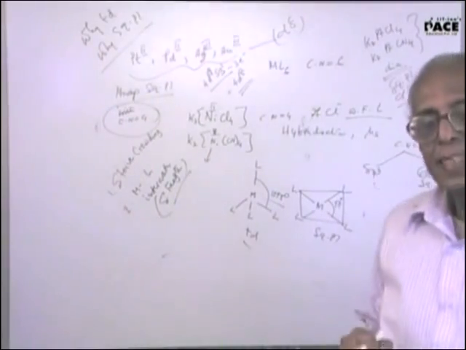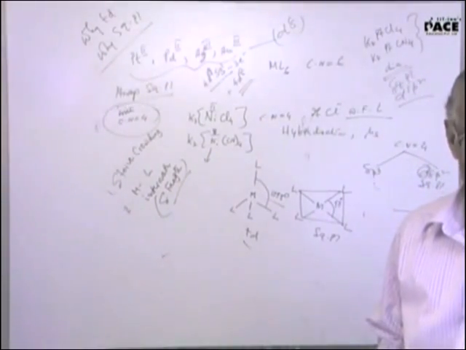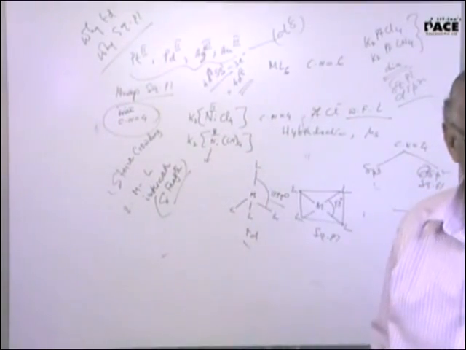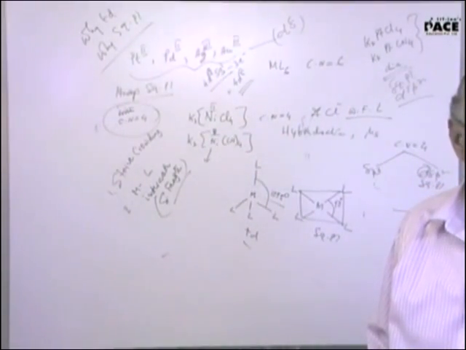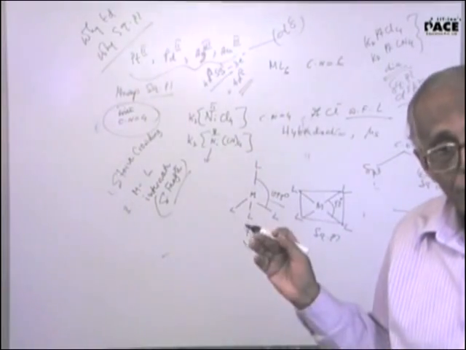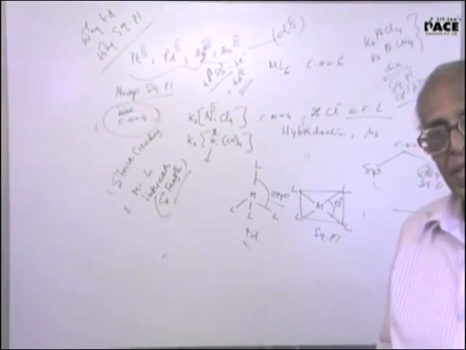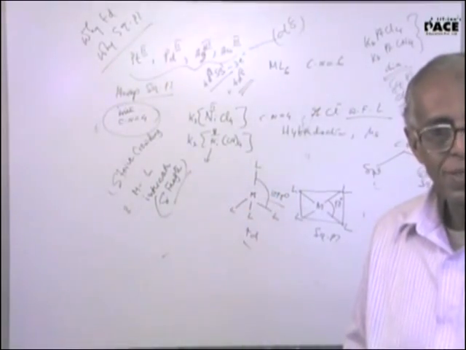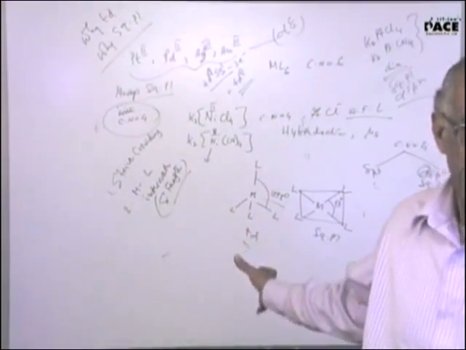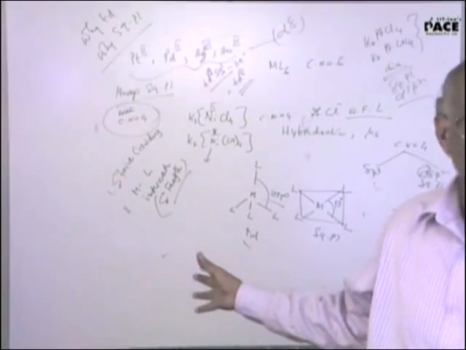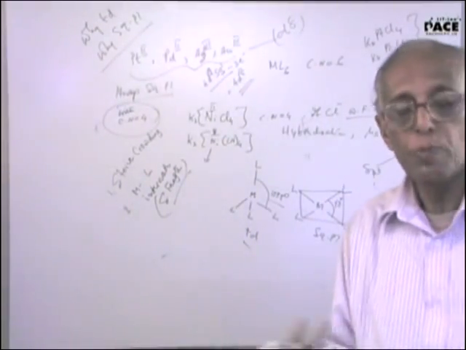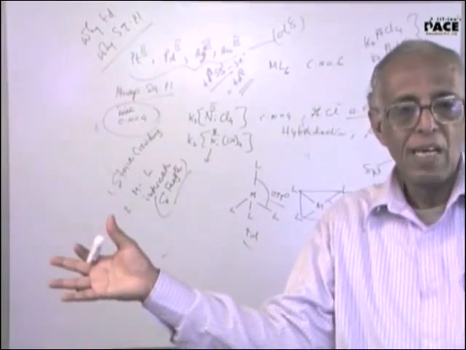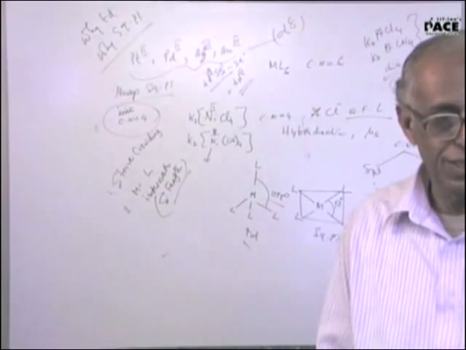When the metal-ligand interaction is weak, the steric crowding will determine the geometry. Chloride was a weak field ligand, so steric crowding was the dominating feature. So the tetrahedral geometry was favored because square planar will give a lot of steric crowding. Tetrahedral will place the ligands away from each other at a larger distance.